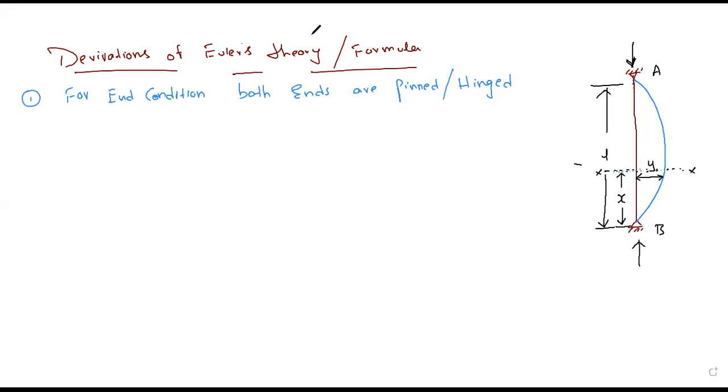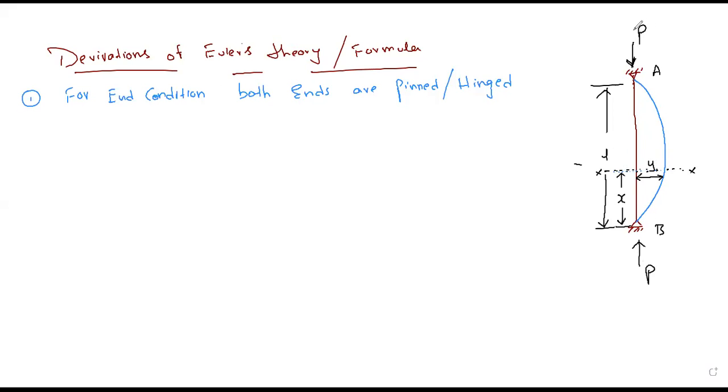For both ends pinned. Okay, so here we are taking the column AB of length L, with a uniform cross-sectional area A, with both ends hinged or pinned. So let P be the crippling load at which the column is just going to buckle. So this is your load P, which makes your column buckle.